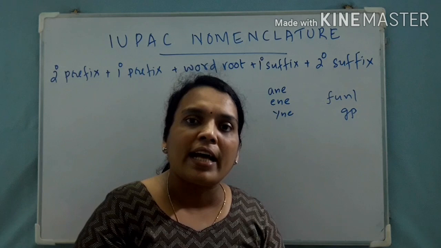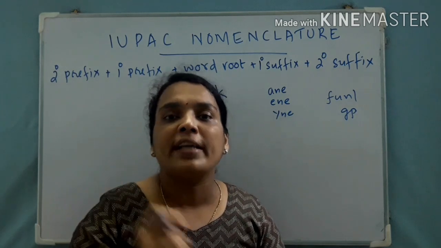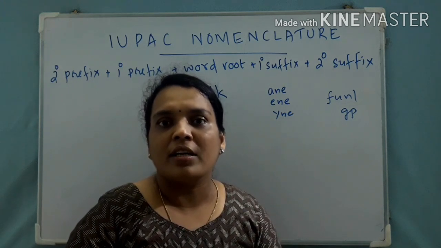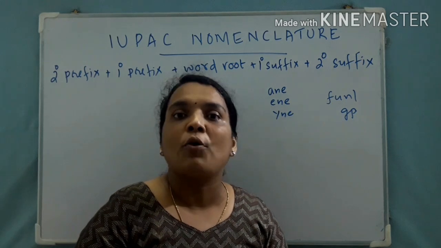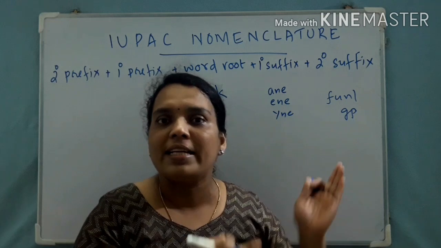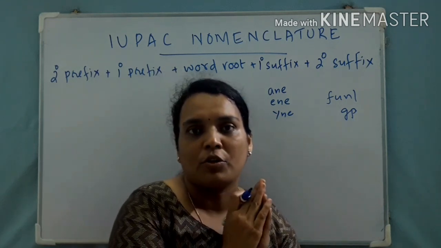If carboxylic acid is present, we can call it as oic acid. Got it? If a ketone group is there, we can call it as ONE, on, as secondary suffix. So, that is the secondary suffix. It indicates the functional group.